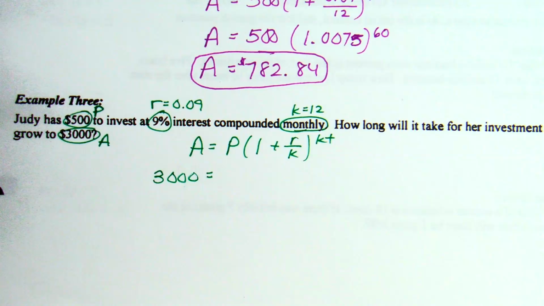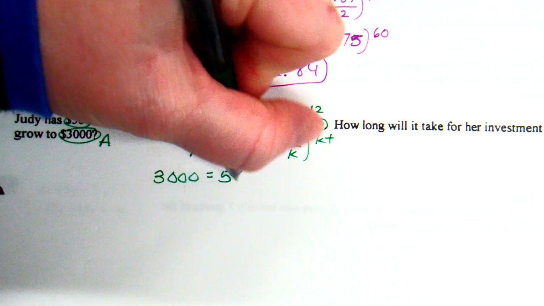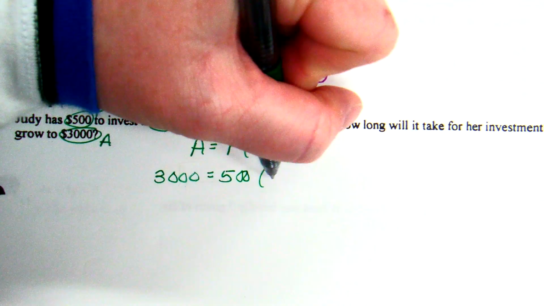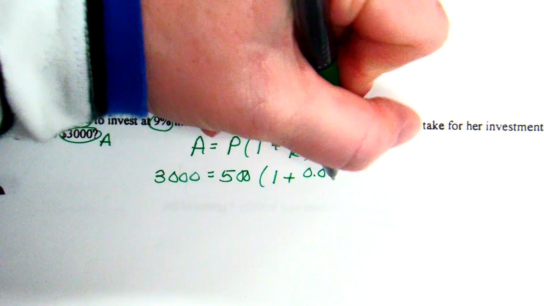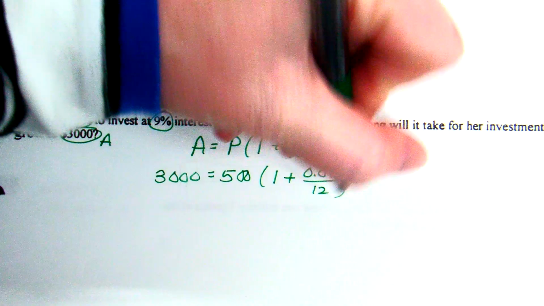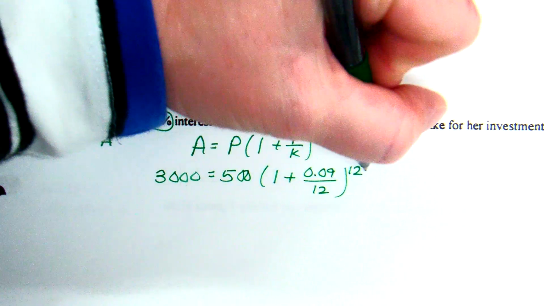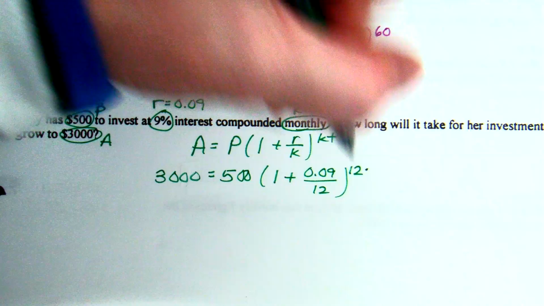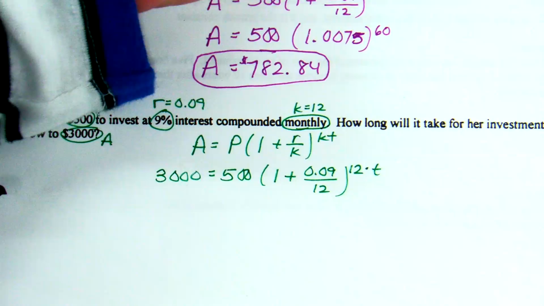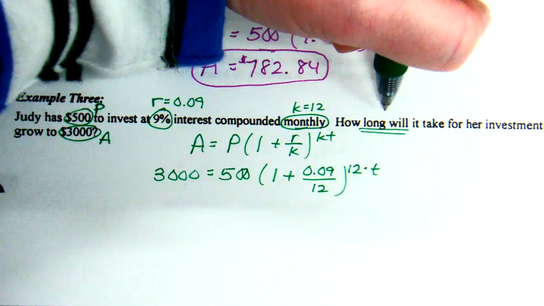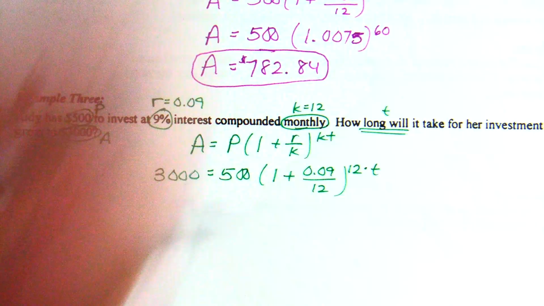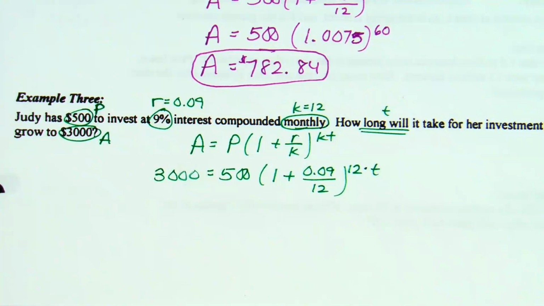Out of habit, I put A equals and kept going. P is 500. 1 plus 0.09 divided by 12 raised to the 12 times T. So it says how long, I'm going to use T there.